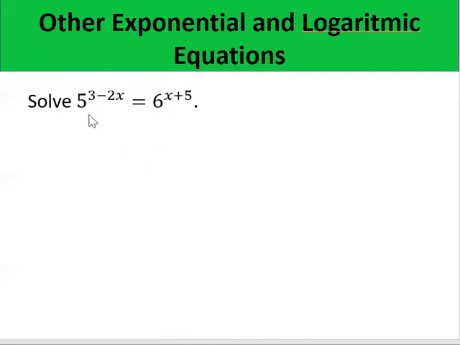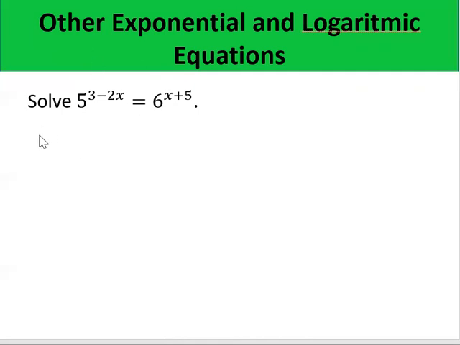So if we have this kind of exponential equation, then we have to apply logarithms to both sides of this equation. Now, there are many ways to do that. So we can actually use the common logarithm. So when we say common logarithm, it will be base 10.